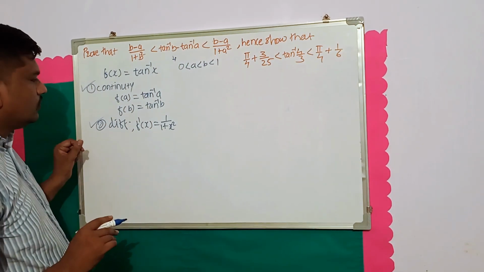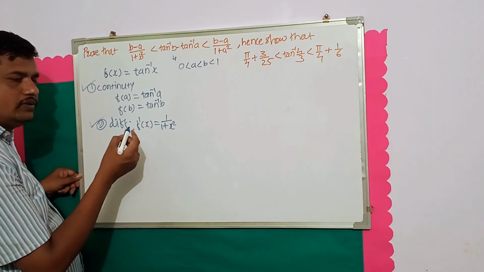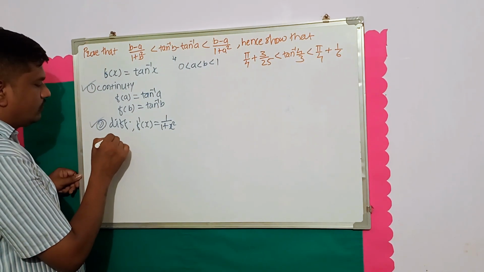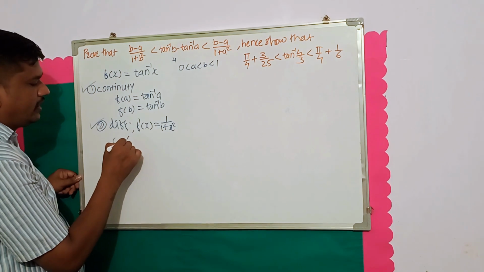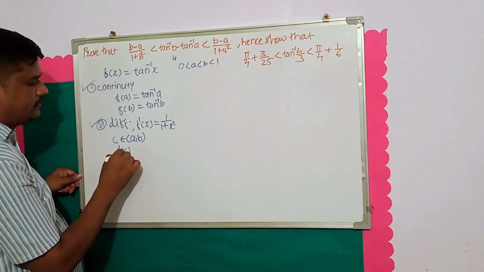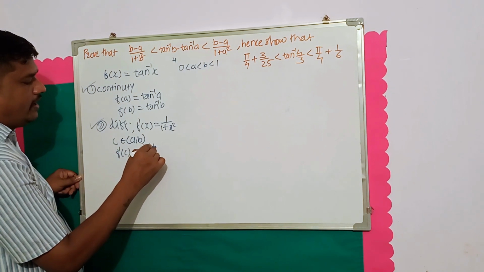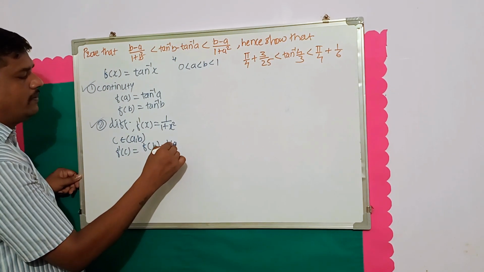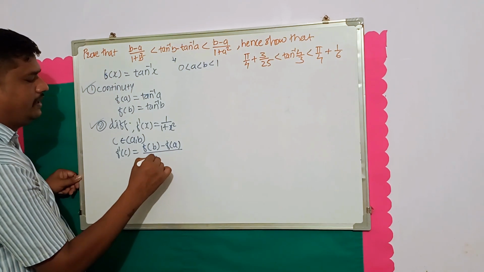Once you know this, we have to choose a number c belonging to a comma b, such that f dash of c is equal to f of b minus f of a upon b minus a.